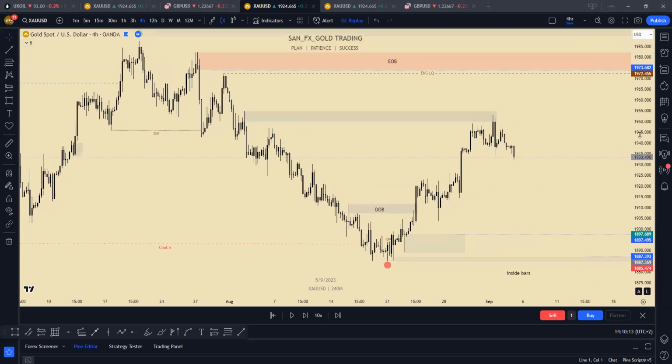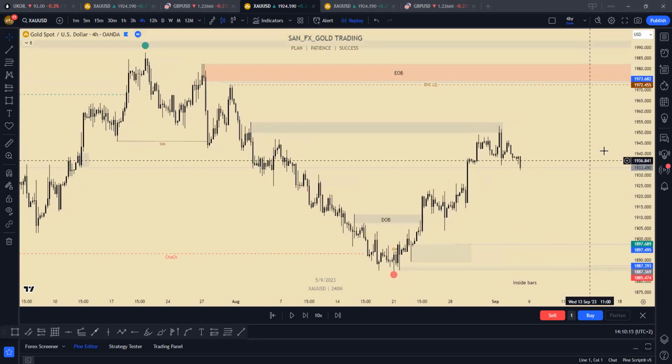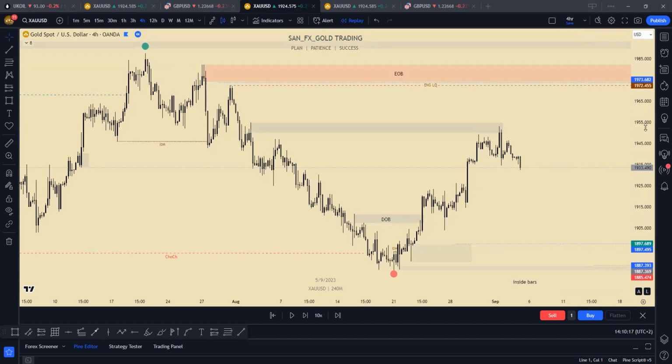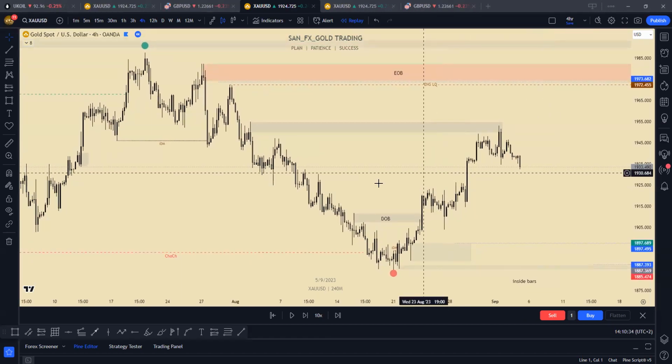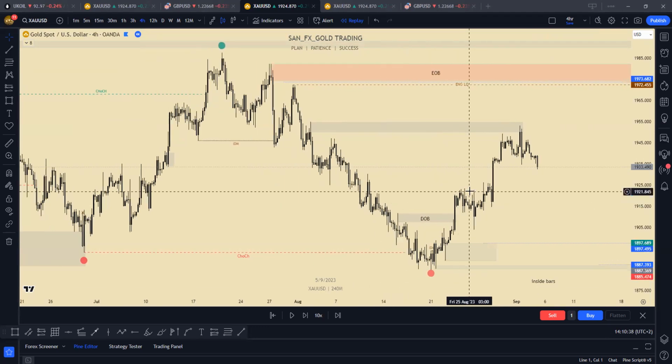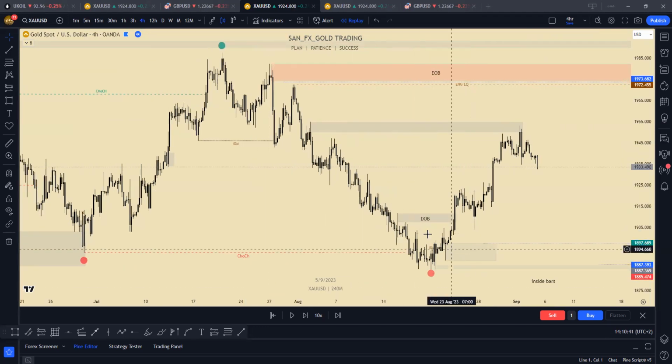First of all, I have to say that I use the 4-hour chart for the mapping and 15 minutes for the entry, or mostly 1 hour for the mapping and 5 minutes for the entry. In this case, we have to see the 4-hour chart. As you can see, gold is bearish at the moment.